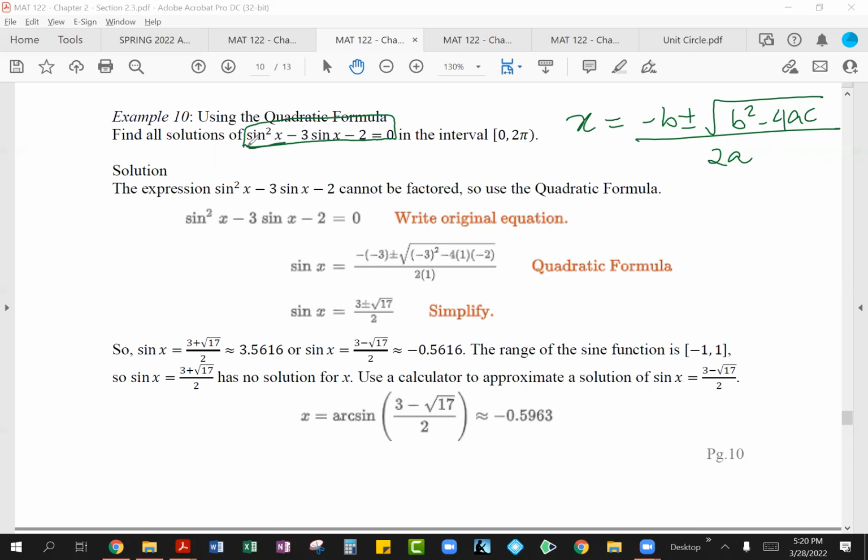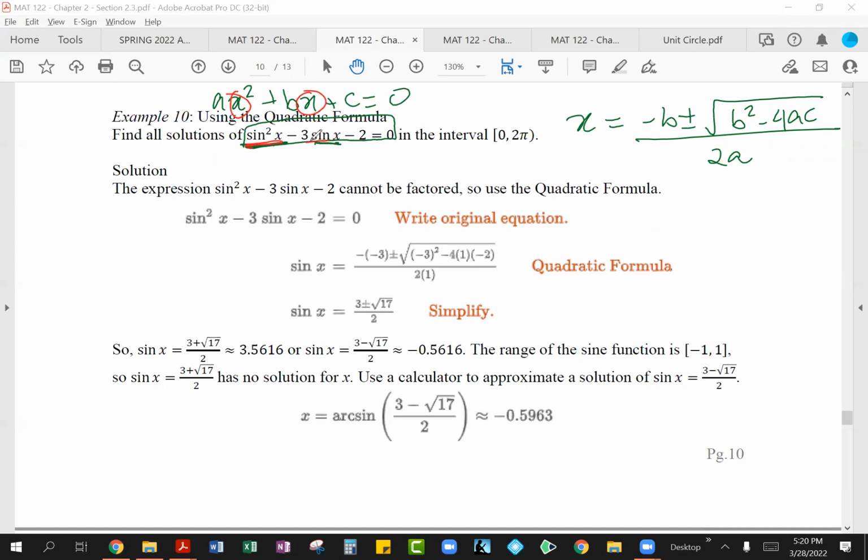You will see how this is sine squared and this is sine, so they are the same trig function. It's not like you have to switch between sine and cosine, like the first example we did today. So here you have the format of a quadratic equation, in the form ax squared plus bx plus c equals 0. The only difference is that instead of x, it's a trig function.